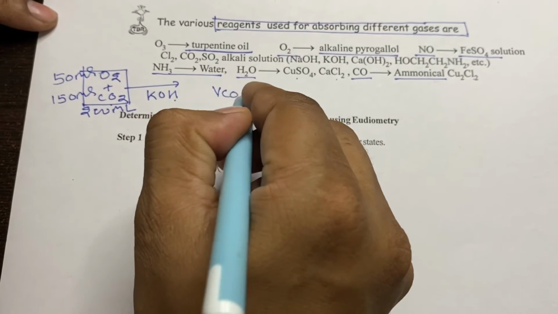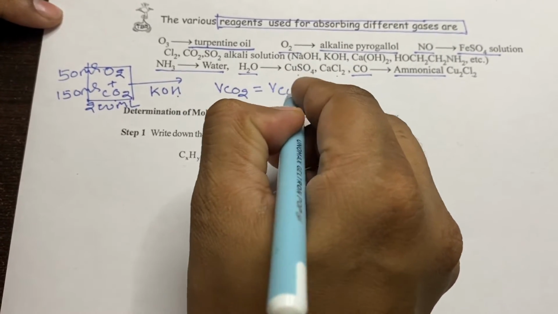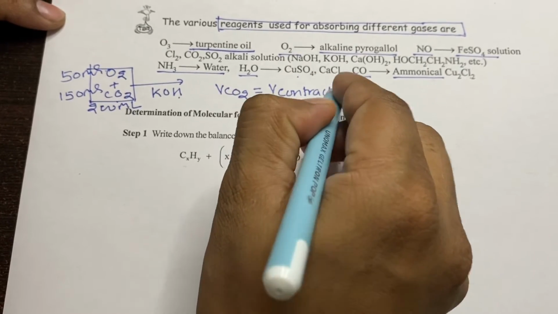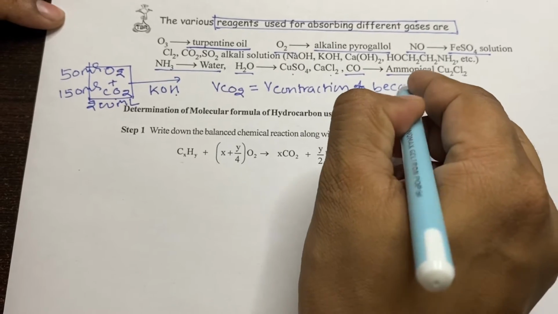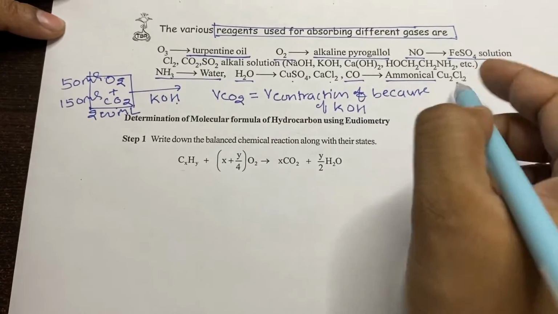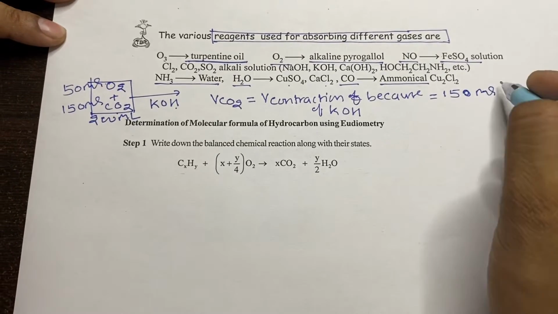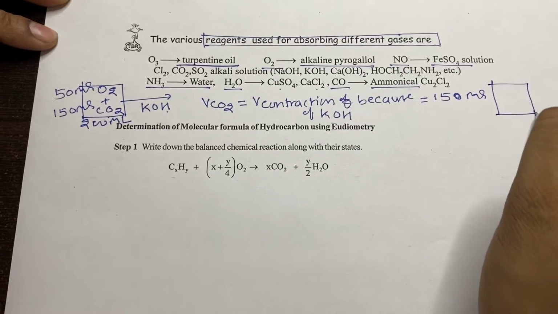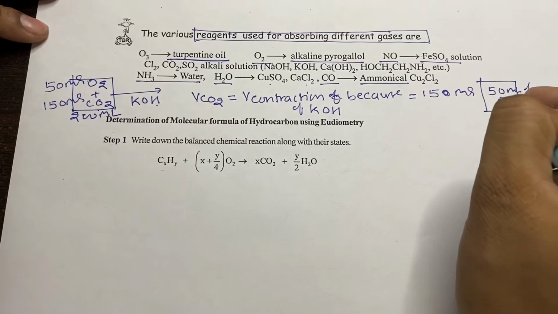So the volume of CO2 will be equal to the volume contraction because of KOH, so definitely it will be 150 ml. Then the resulting gaseous mixture contains only 50 ml of oxygen.